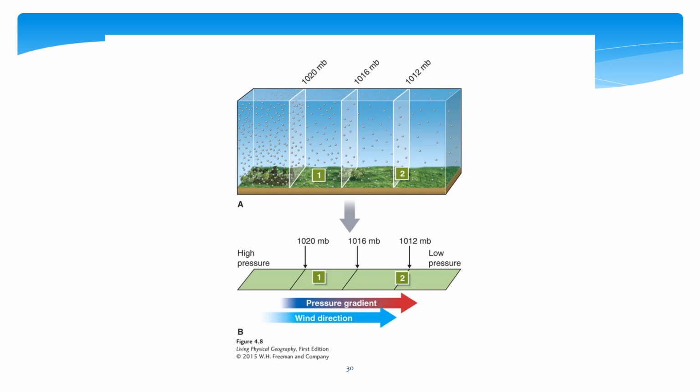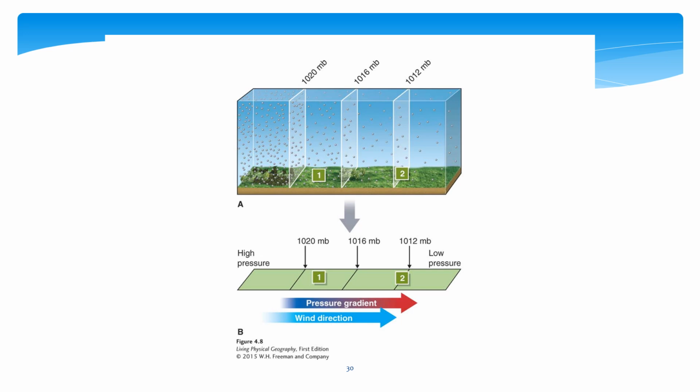What we have here is we start with our high pressure. This is a lot of air density on the left-hand side of that box. There is high pressure at 1020 millibars. As you go to your right, notice that the pressure is decreasing.